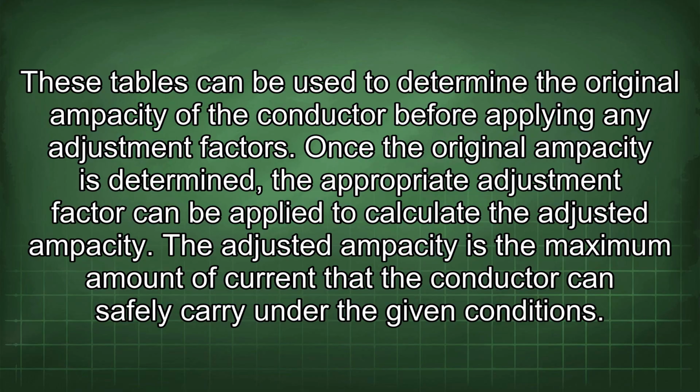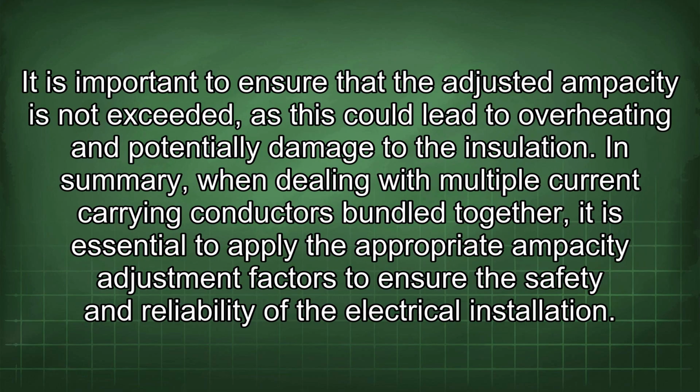Once the original ampacity is determined, the appropriate adjustment factor can be applied to calculate the adjusted ampacity. The adjusted ampacity is the maximum amount of current that the conductor can safely carry under the given conditions. It is important to ensure that the adjusted ampacity is not exceeded, as this could lead to overheating and potentially damage to the insulation.